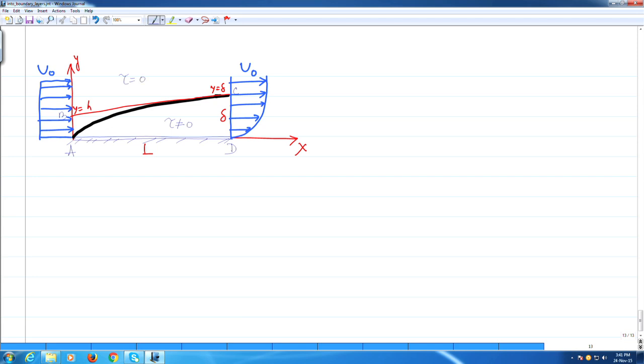What I am trying to draw here is a control volume, which is ABCD. So this line is nothing but a streamline.